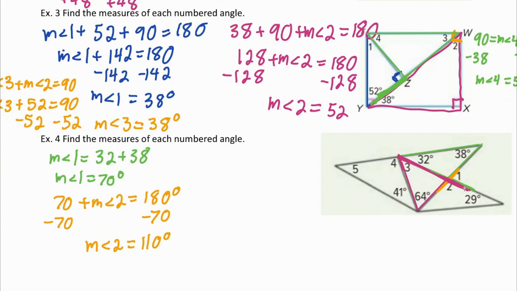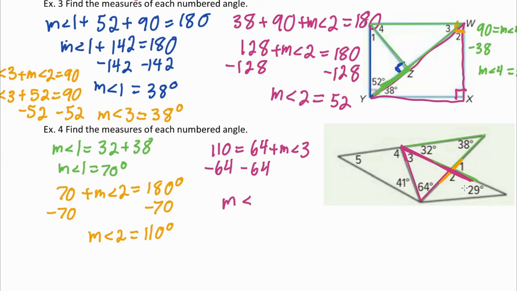So we can say that the measure of angle 2, which we just found to be 110, is going to be equal to the sum of the two remote interior angles. So the ones that are non-adjacent, so that's 64, and the measure of angle 3. So we'd subtract 64 from both sides, and we'd get that the measure of angle 3 is going to be equal to 46.